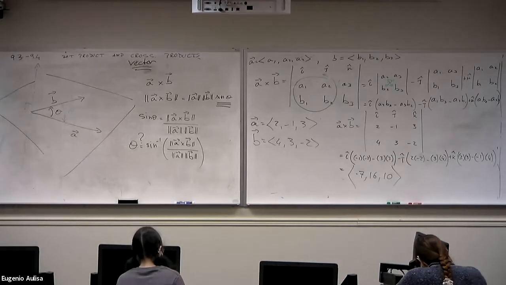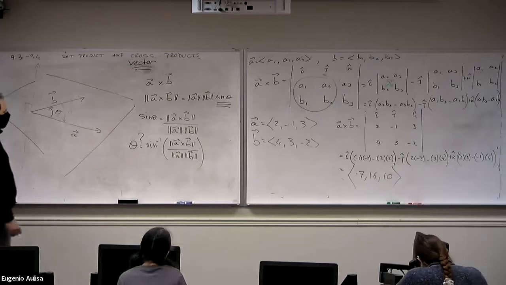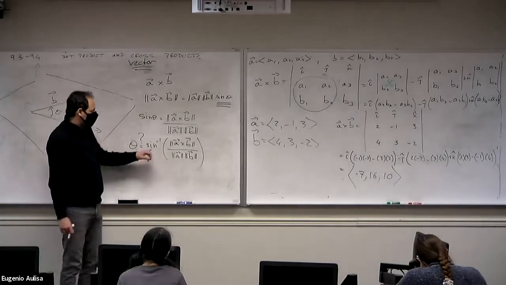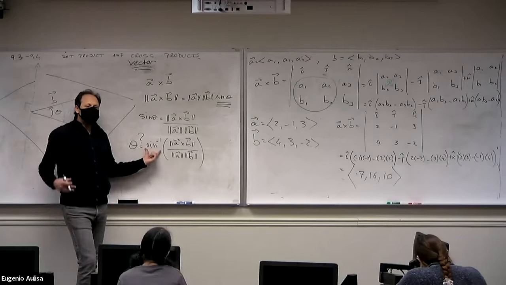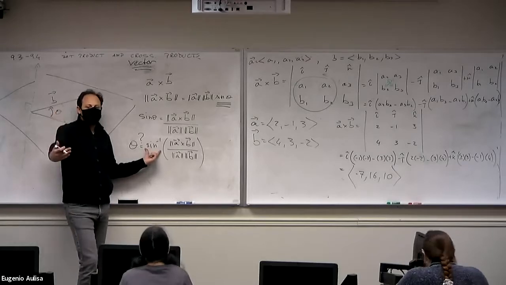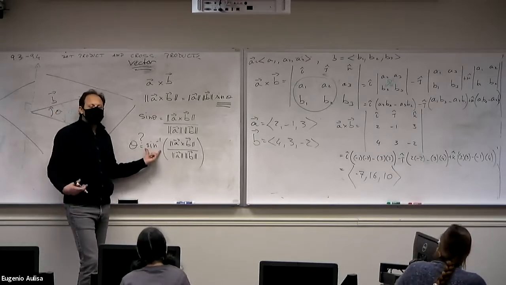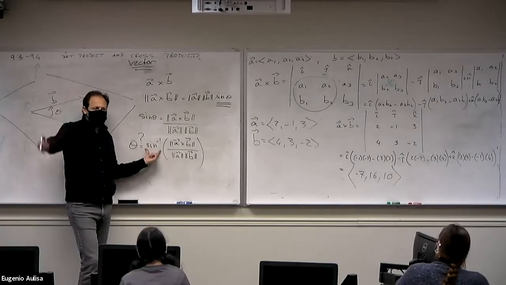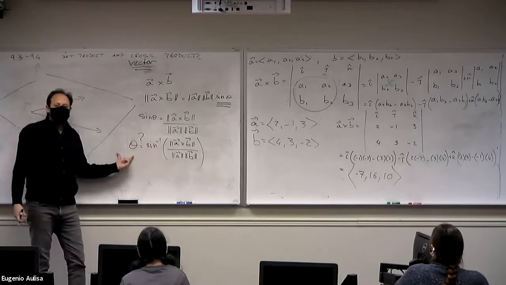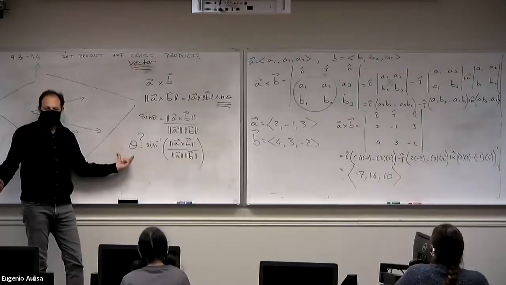What's the problem here? So sine inverse, the range of sine inverse is what? Negative pi over 2 to pi over 2. Agree? So it's not in the same domain of theta.